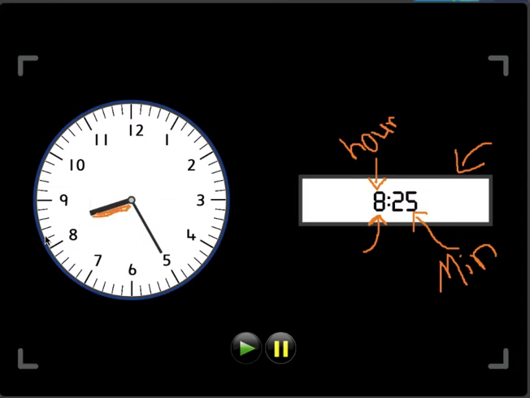The hour hand is pointing to the 8, and then let's count in our steps of 5 until we get to where the minute hand is pointing. 5, 10, 15, 20, 25. That's like saying 8 hours and 25 minutes more.